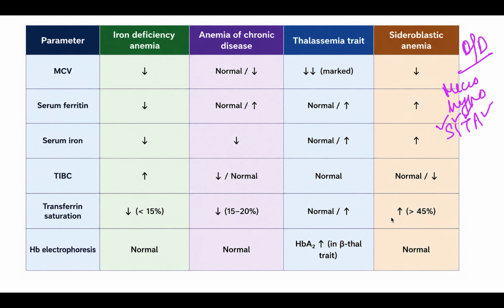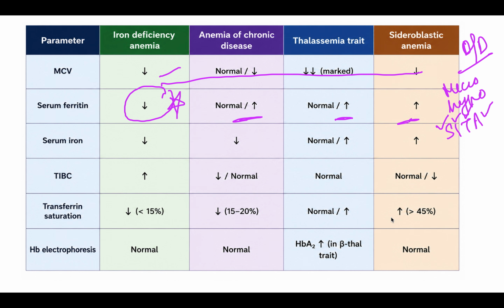In iron deficiency anemia, MCV will be low, and it will be low in all the cases. Serum ferritin is low only in case of iron deficiency anemia. This is very important: serum ferritin is a differentiating marker. In anemia of chronic disorder it will increase, in thalassemia it will increase, and in sideroblastic anemia it will increase.